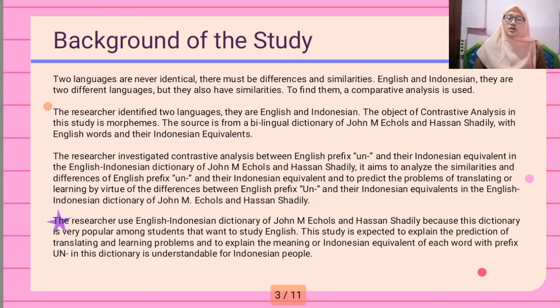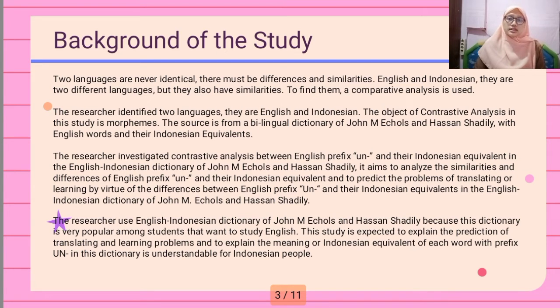The source of this study is a bilingual dictionary of John M. Eccles and Hasan Sadili, with English words and their Indonesian equivalents. The researcher investigated contrastive analysis between English prefix and their Indonesian equivalent in the English Indonesian dictionary of John M. Eccles and Hasan Sadili.